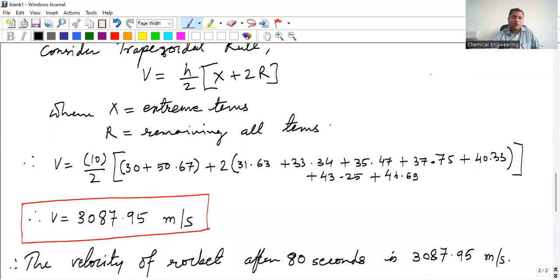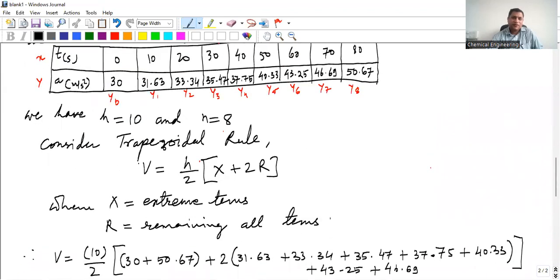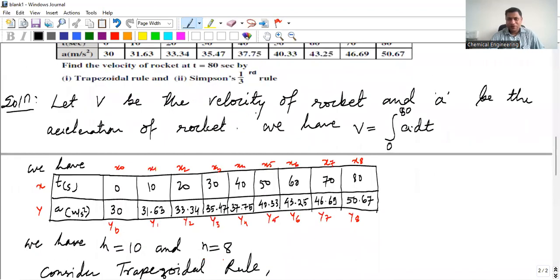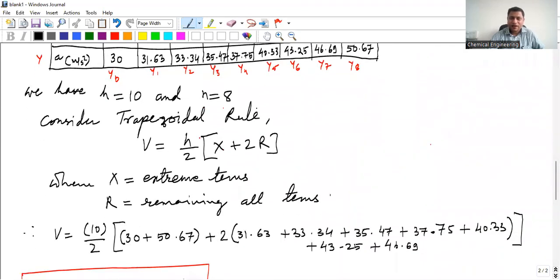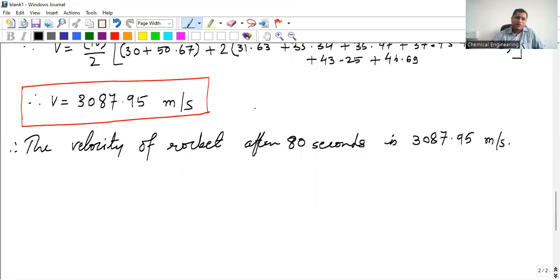Now, this we have calculated by using the trapezoidal rule. We have to use Simpson's 1/3 rule and verify how close we are. So now let us try to find the value of this velocity.